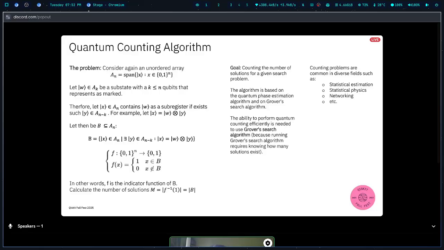Let f again be the same function, but now it wouldn't be whether W is the same as X. Now it is whether X is contained in this subspace that we are trying to find by the quantum phase estimator. Given that we have that M, we can apply the number of iterations from Grover's algorithm, and we can find those elements.